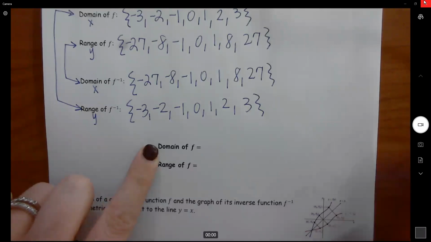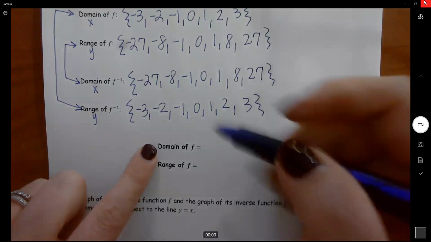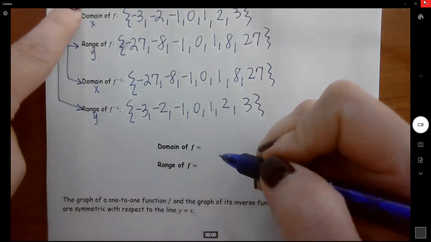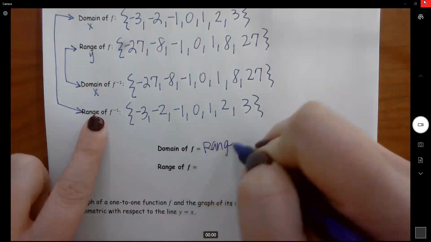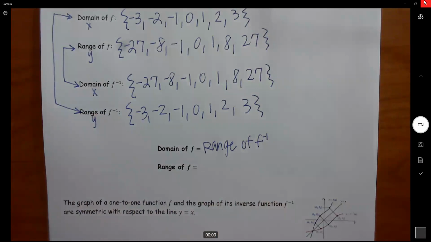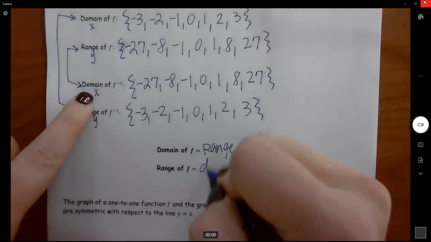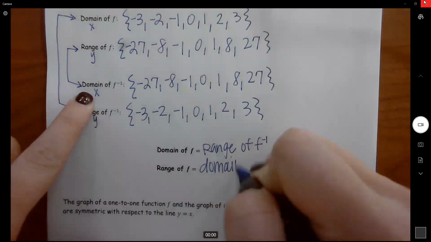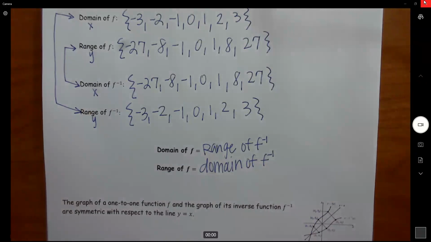So that's what we're writing here. The domain of my function equals the range of my inverse, and the range of my function equals what? The domain of my inverse. So they switch.